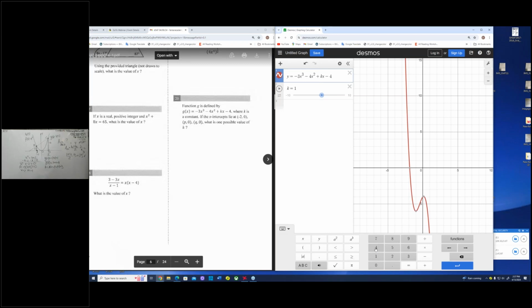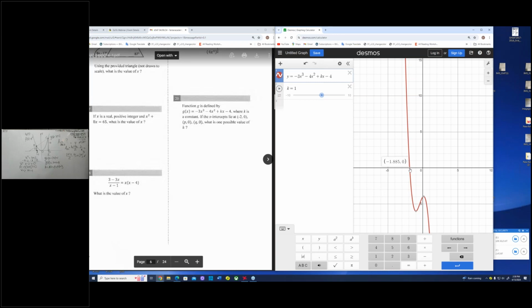Okay, so we input this data. And point of intersection -2, 0. What is the possible value for k? What we have here is not -2.